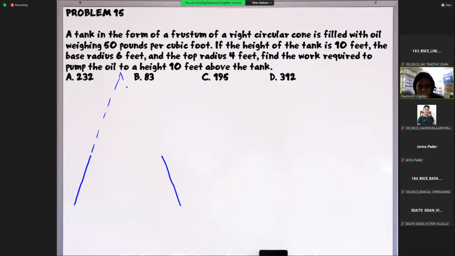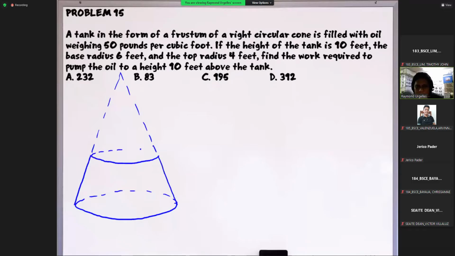So we have a circular base, tapos tinanggal natin yung top na part, so therefore we also have a circular top here. Dapat parallel yung dalawang base natin, kaya ito yung lalabas na frustum natin. So this is a frustum of a cone.